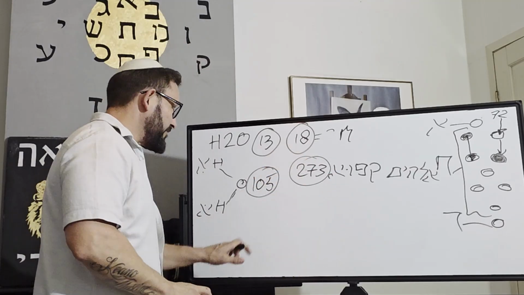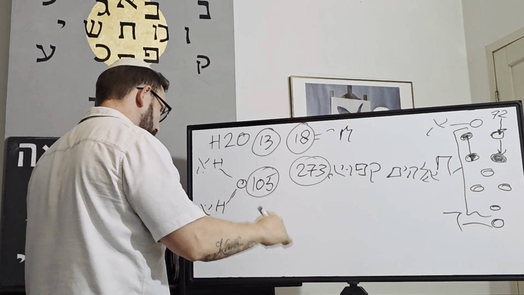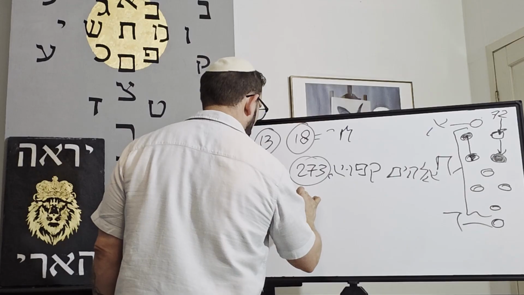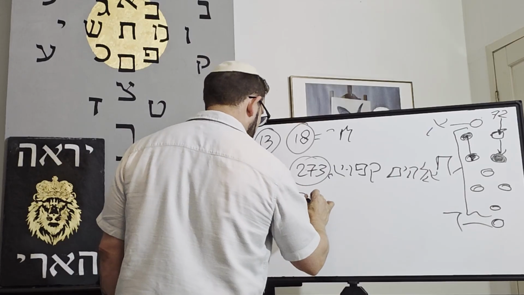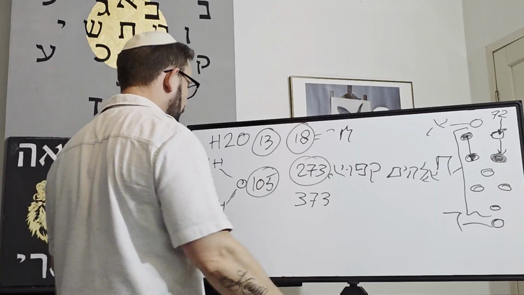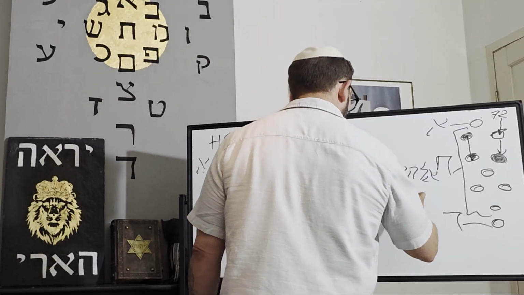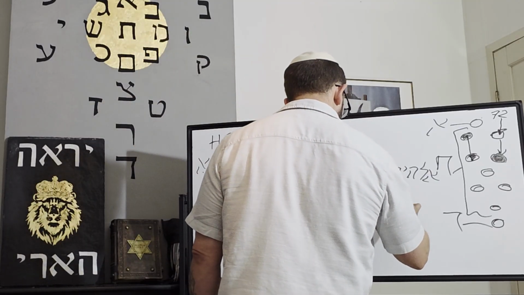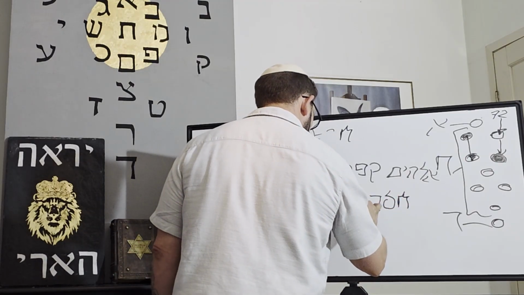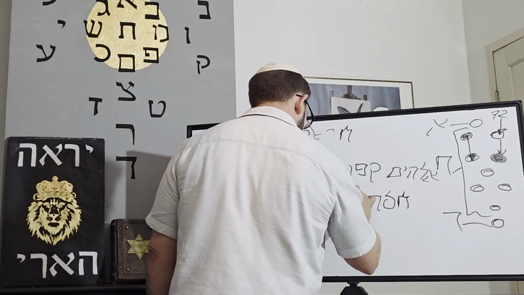Now, because we did the freezing point, we're looking at the boiling point. And the boiling point is exactly 100 Kelvin more, as we have 100 degrees for boiling. 373 is the boiling point, which is the value of Chesed plus Eish, fire.